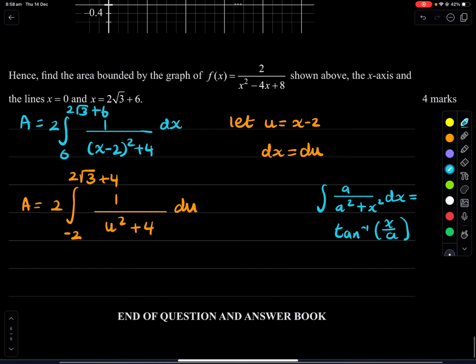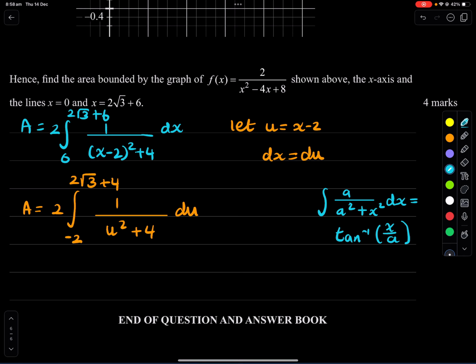That's the expression that I'm going to use here. It looks very similar. Our a squared is 4, so we need to have, wait, we have a 2 here. Why don't we just put that 2 in here? Now this whole expression looks very, very good. It looks perfect in this example.